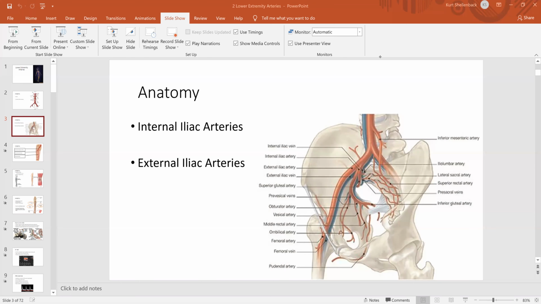Hopefully you can see my pen here. That is the inguinal ligament. We don't really see the inguinal ligament with ultrasound. You think you would, but I suppose if I really search for it, I could find it. But it is basically at the crease of the leg.